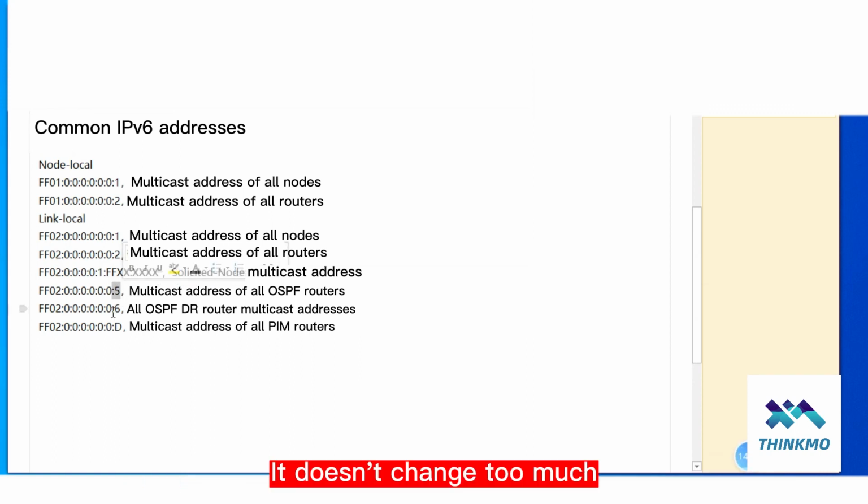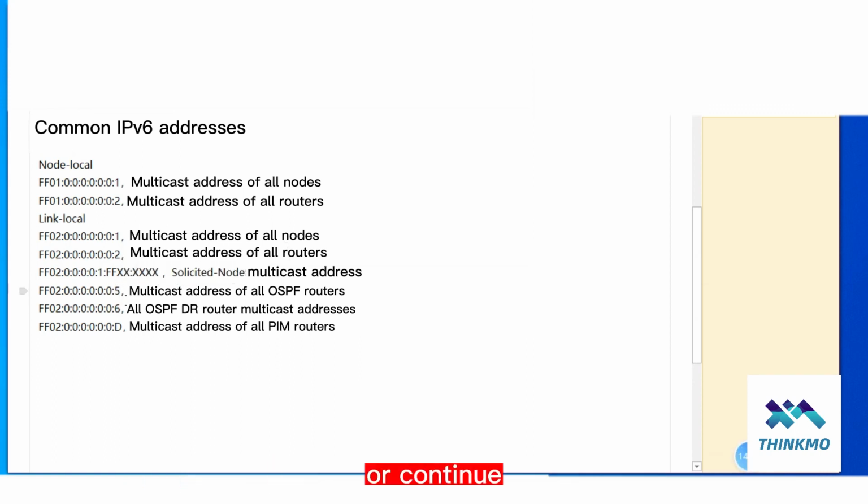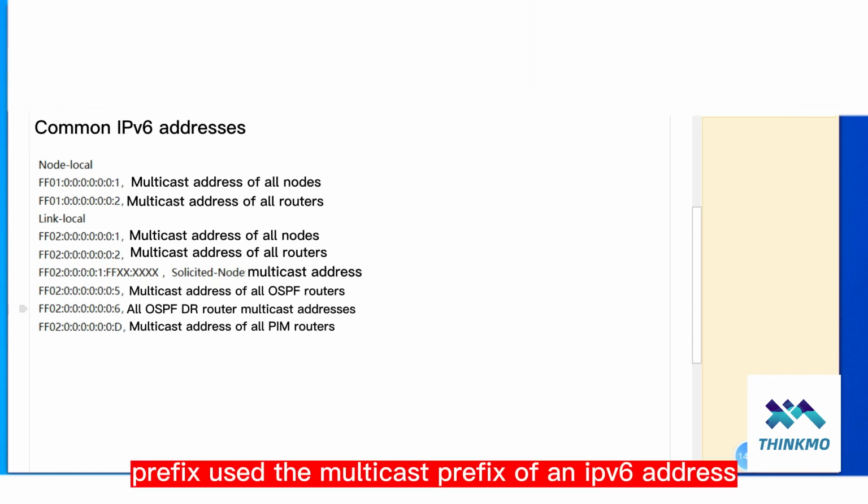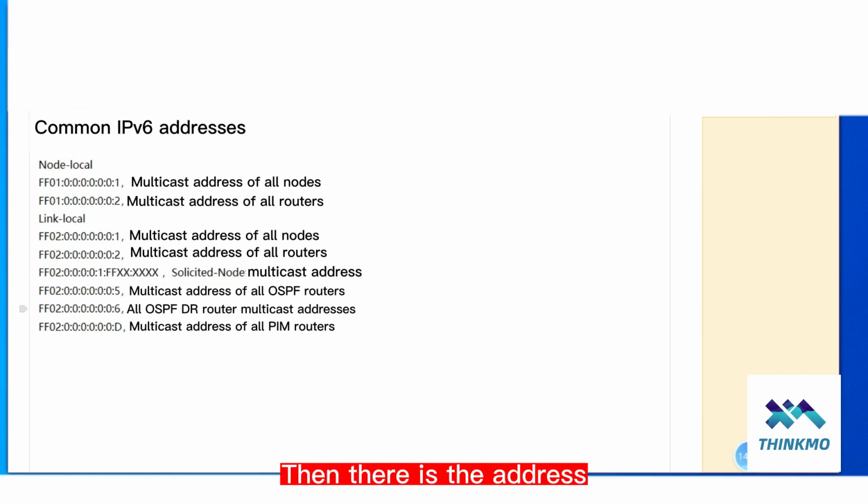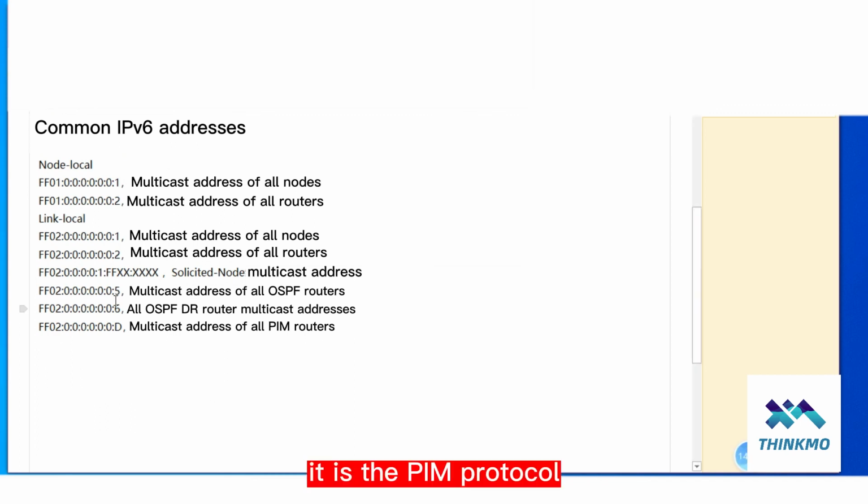It didn't change too much in IPv6; it just uses the multicast prefix of an IPv6 address. Then there is the FF02 address used for routers. It is the PIM protocol, which is mainly used in the multicast environment.